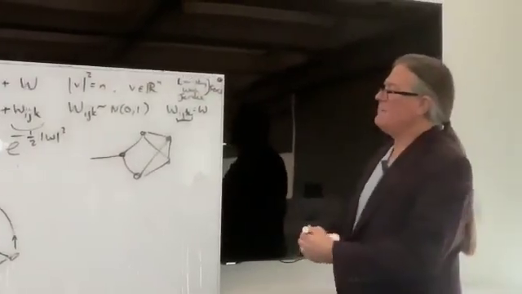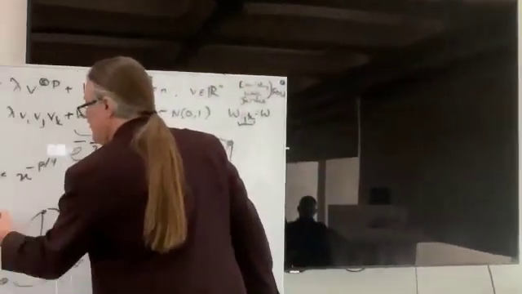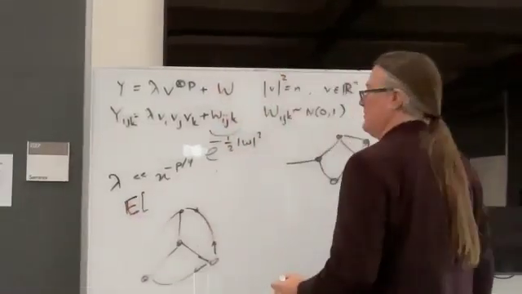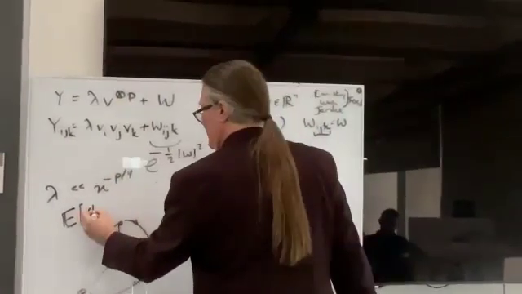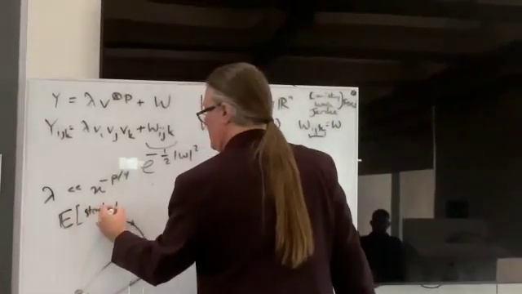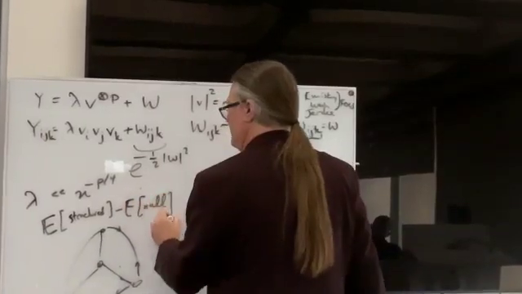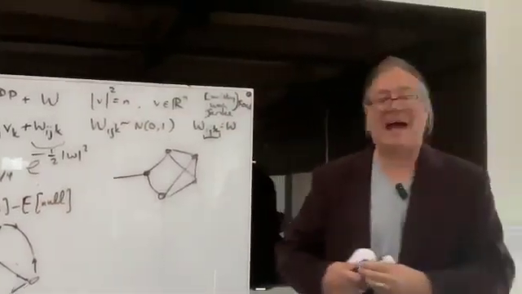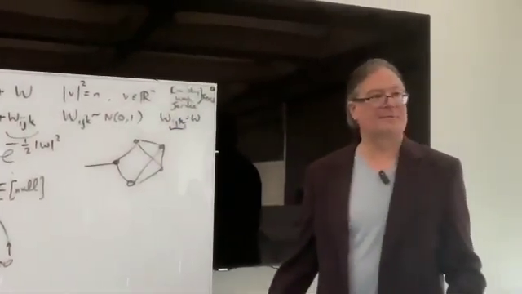So how is that going to work? Well, I claim that we need to compare two things. One is the difference in the expectations between the structured model minus the null model. In other words, how much does adding this pattern to the noise change the average?